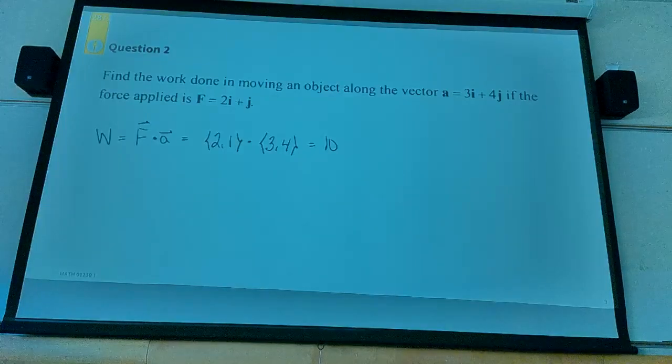There's another unit for energy. Is it watt? Watt is intensity.